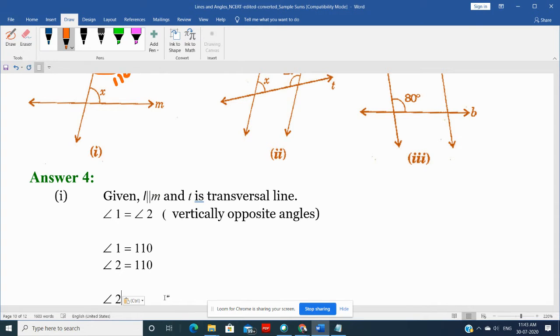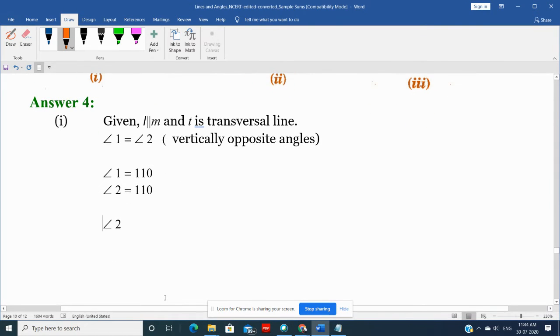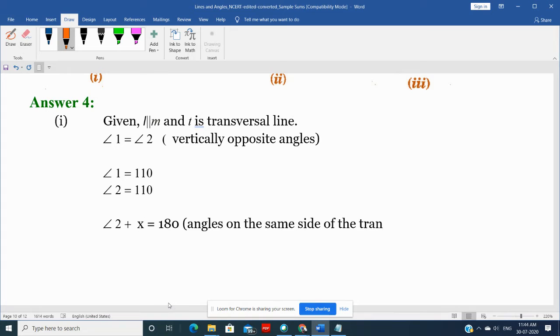Angle 2 plus x gives us 180. The reason being the same property, angles on the same side of the transversal are supplementary. This is what you have to mention.